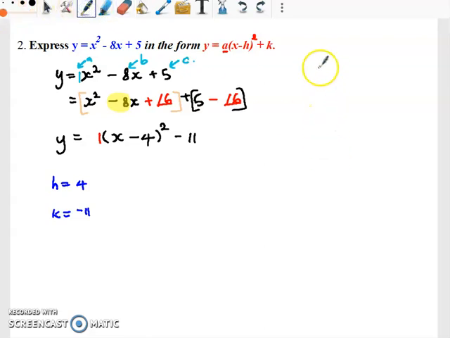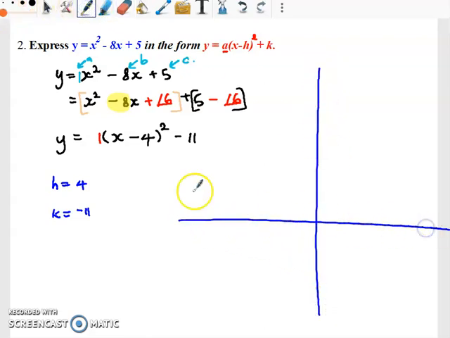So if you sketch a parabola like this, as I said, you can look at the h as x and the k as y. So x, y. So x would be 4, y minus 11. Alright, so x is positive over this side, y negative right here.